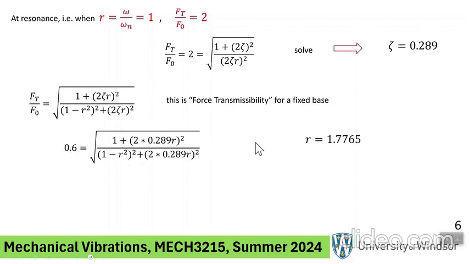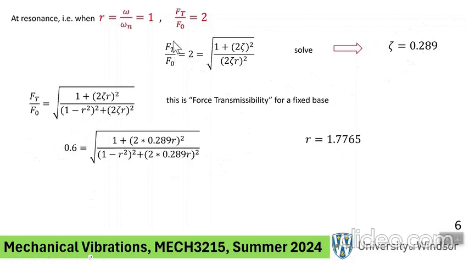The only unknown that we have here is r, because we've just found zeta. You plug in zeta, which is 0.289. It's an algebraic equation, so by hook or by crook, you have to solve for r.